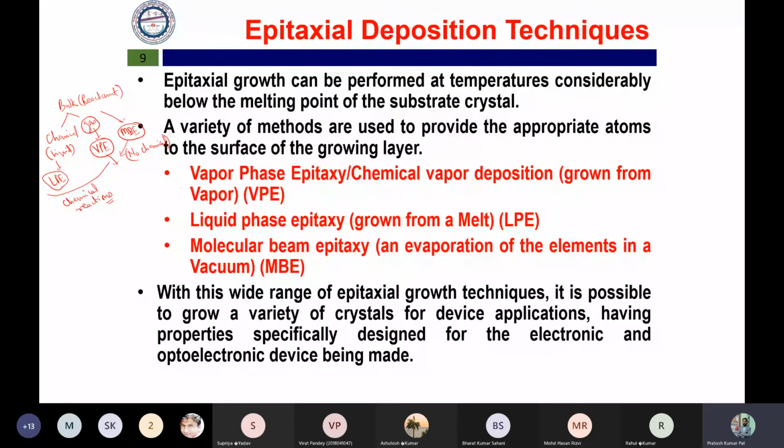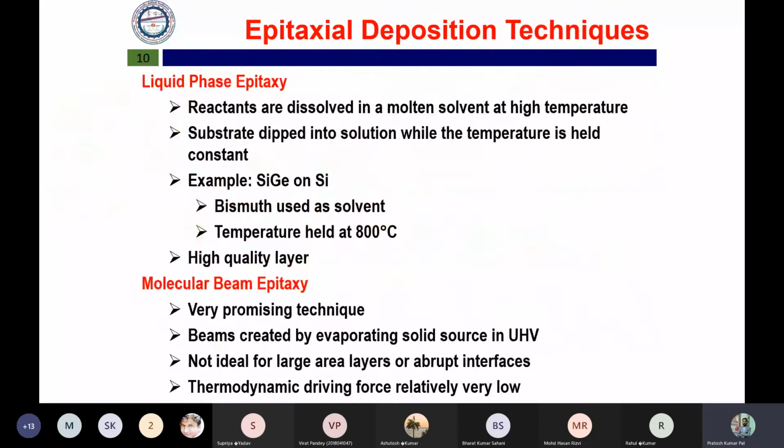So in liquid phase epitaxy, the reactants and the substrate are both used in the form of liquid, that is, in the molten state. Suppose the reactant is gallium arsenide, and the substrate on which we are going to deposit is gallium.